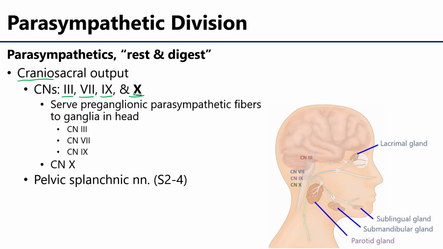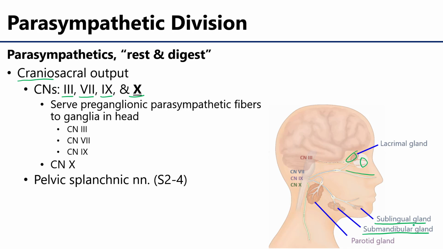So 3 of these 4 nerves, 3, 7, and 10, are all going to serve preganglionic parasympathetic fibers to ganglia in the head. 3 is going to ultimately serve intraocular muscles and intraocular vasculature. 7, the facial nerve, is going to serve the lacrimal glands as well as glands within the nasal cavity and major salivary glands, including the sublingual gland and the submandibular gland.